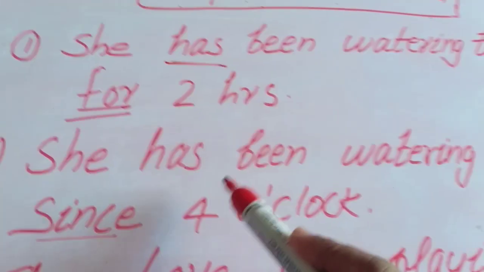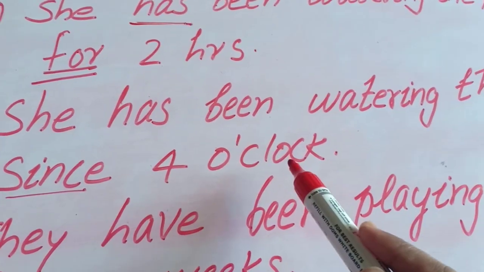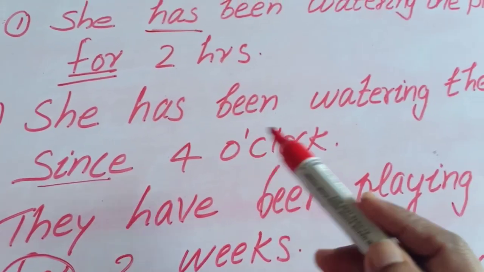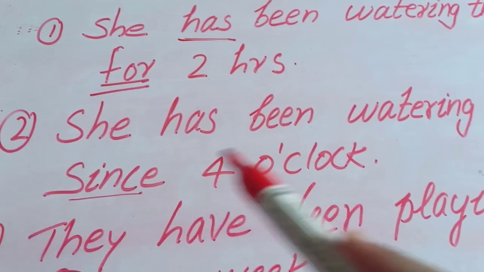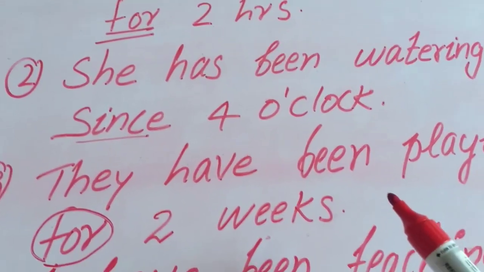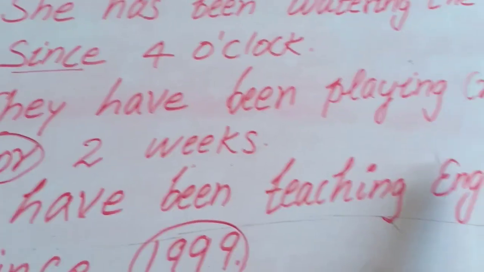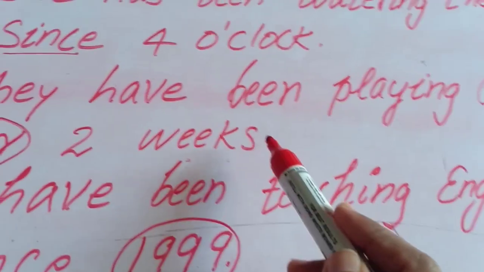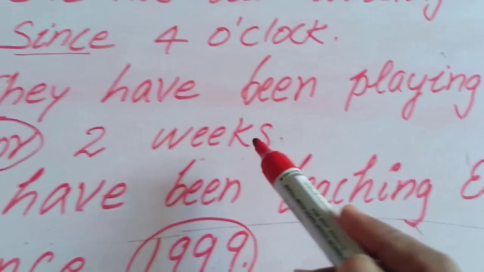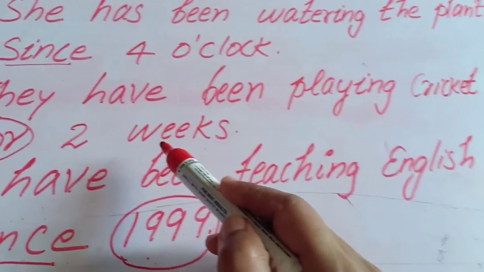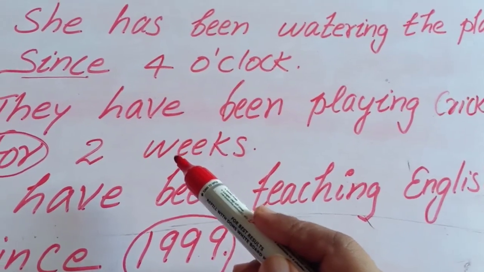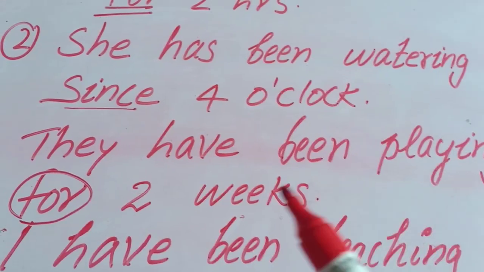See here, she has been watering the plants since 4 o'clock. It means she started watering the plants at 4 o'clock, but she is still watering them. And they have been playing cricket for 2 weeks. It means 2 weeks back they started playing cricket in different places, but now also they are playing it.